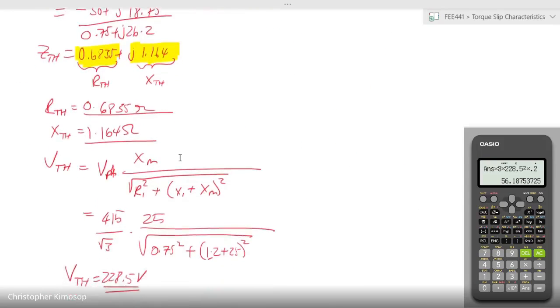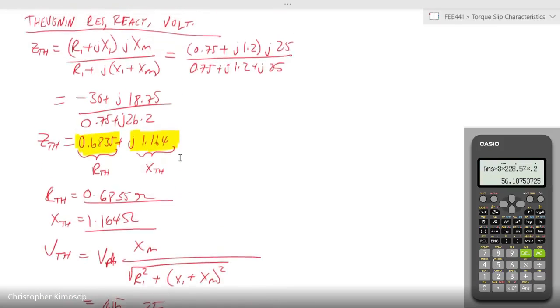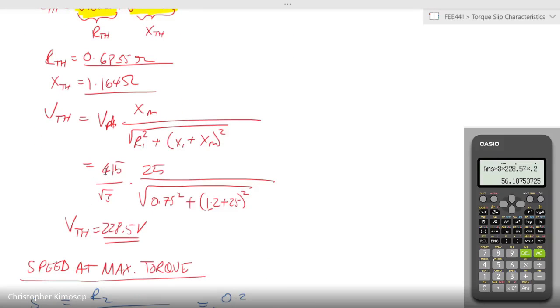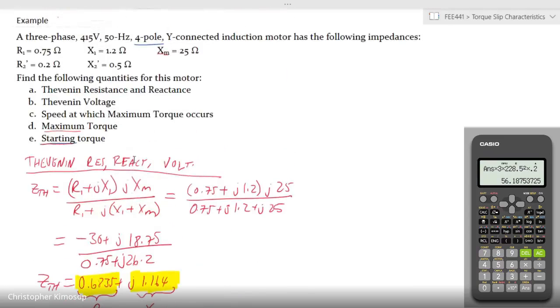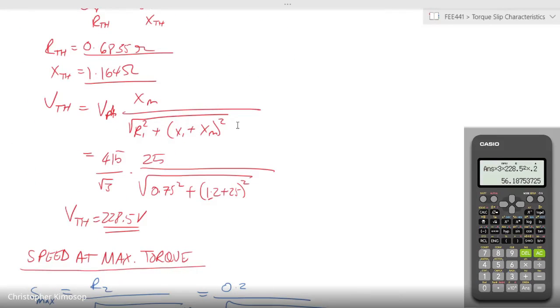Okay. In the example, remember, these are once again per phase. So that's why the voltage that we use needs to be a phase voltage. Note that the 415 volts by default is usually a line voltage. So that's why we divide by √3, so that we get the phase voltage.